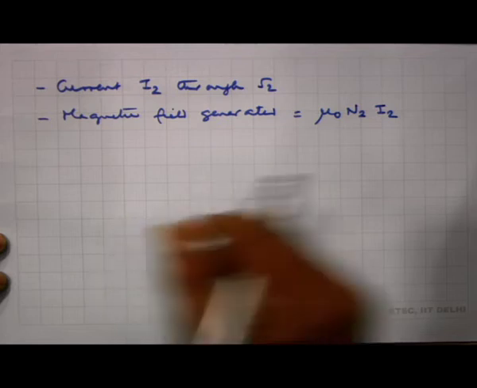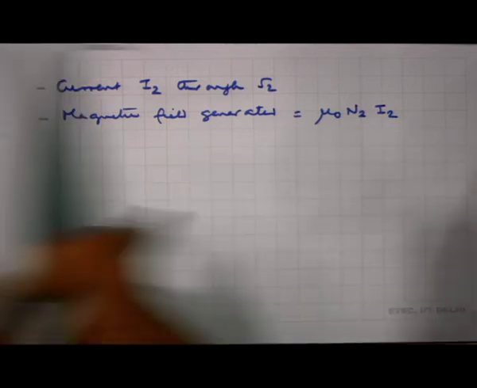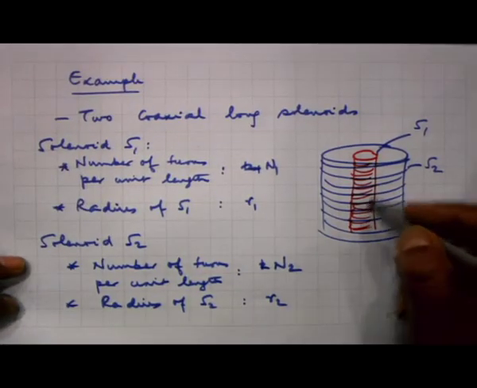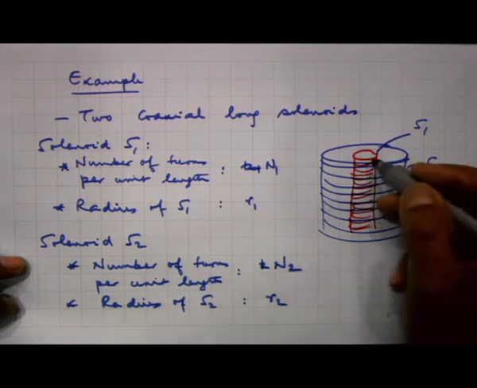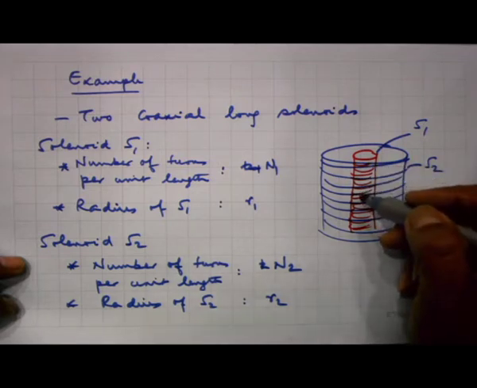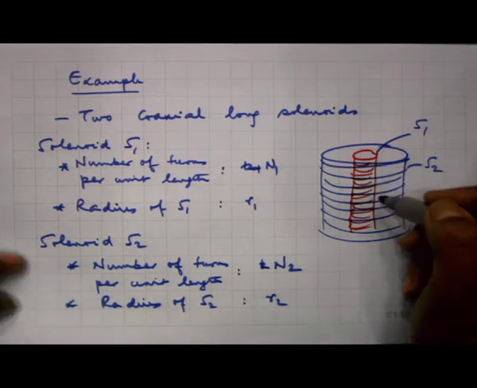Mu naught N2 I2 is the magnetic field generated by S2. Now, that magnetic field is part of the flux passing through S1. So, S1 now encloses a certain flux, and there is a mutual inductance between S1 and S2 when I pass a current through S2. So, what is that?